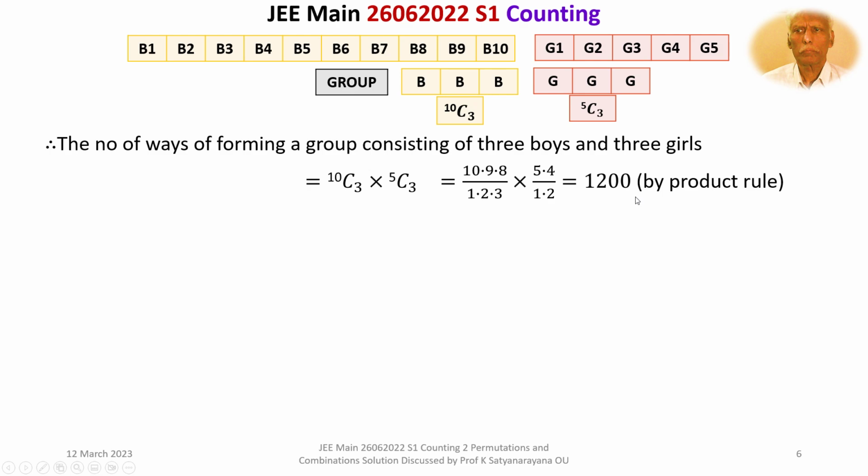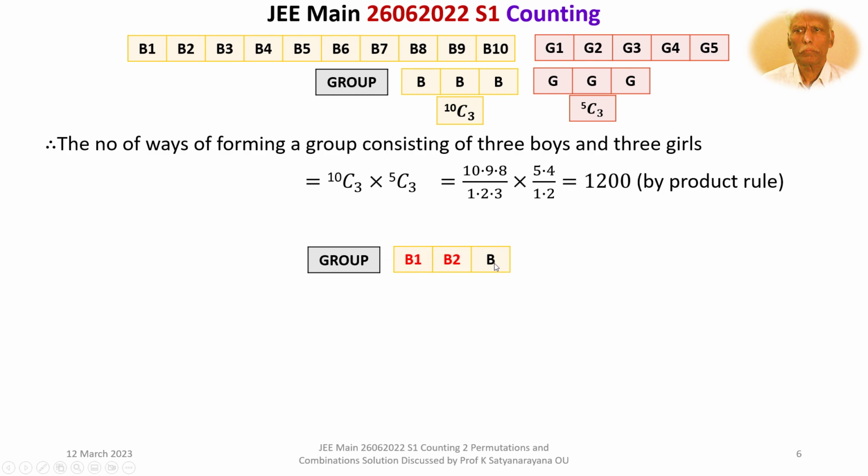Now what we do is count the number of ways of forming a group in which these 2 boys B1 and B2 are there. How many ways of forming such groups we will now discuss. We want to form a group in which B1, B2 together will appear in every group.